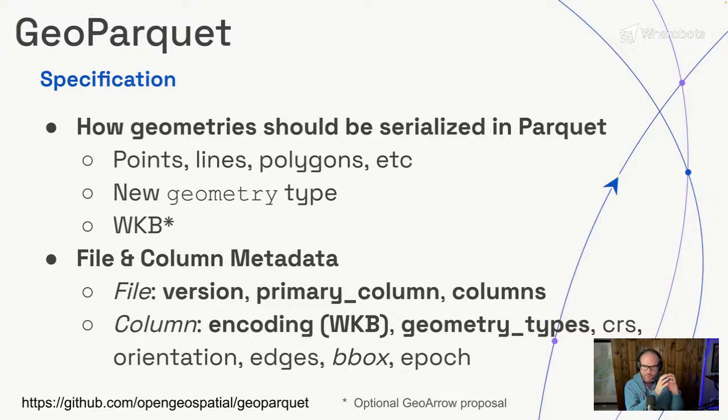So let's say we're searching for data in a certain area, maybe by a polygon. Well, if we know the bounding box of all of our GeoParquet data in certain files is over here, we can only look for where that bounding box intersects the polygon where we're searching for data. So that allows GeoParquet readers to implement this sort of data pruning to enable more efficient retrieval of GeoParquet data.